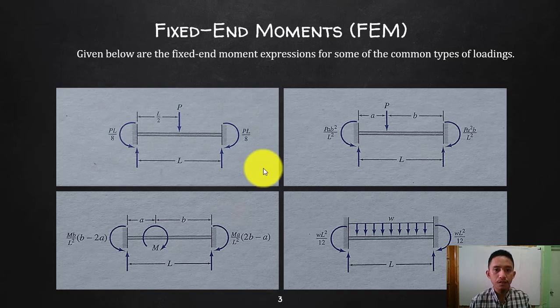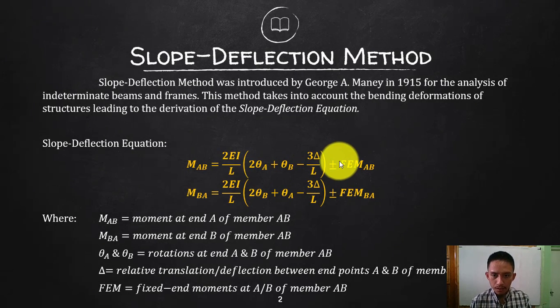Why not use positive as clockwise? If you use the fixed end moment at the left side of the member, that is counterclockwise, so you input it as negative, and clockwise is positive. That is why we have here a plus and minus, meaning a positive or negative fixed end moment.